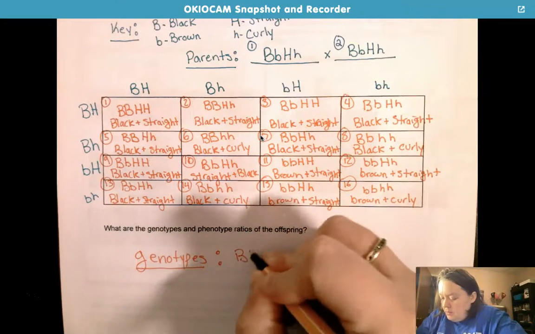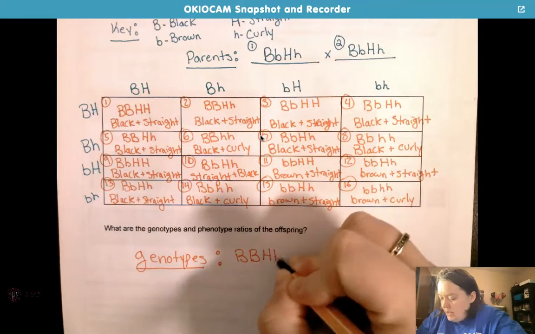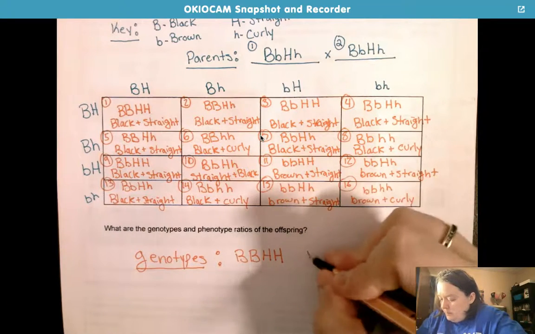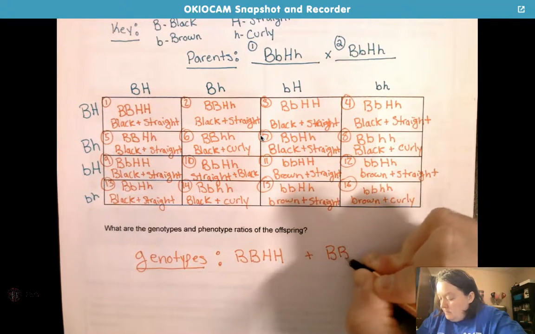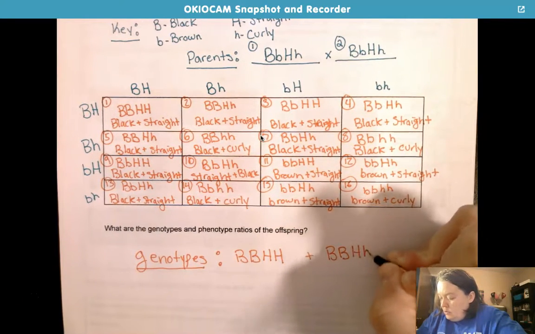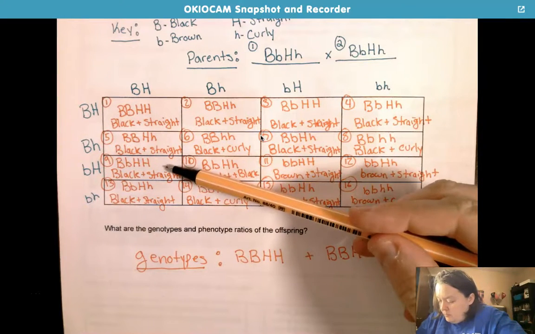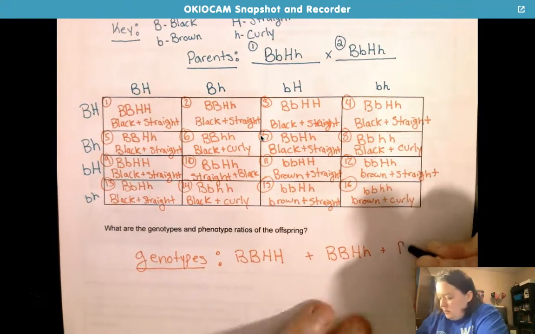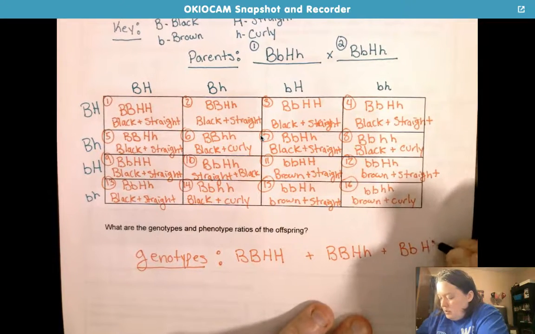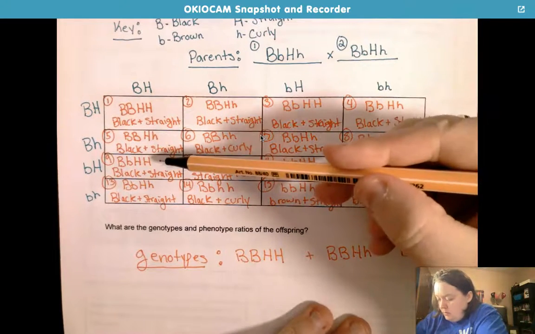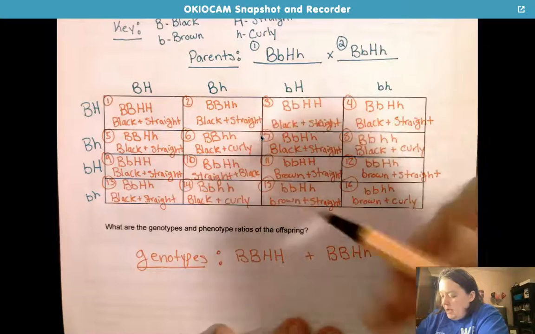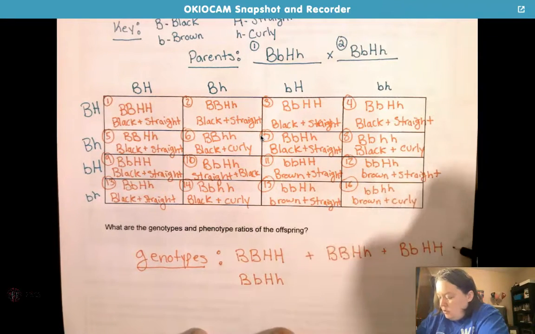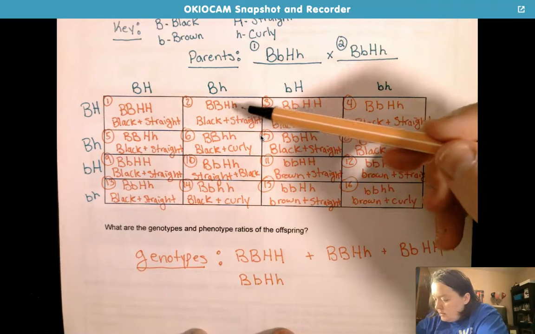So my first one has big B, big B, big H, big H. I also see big B, big B, big H, small h. There's another one. We could also have big B, small b, big H, big H. Here we have big B, small b, big H, small h.